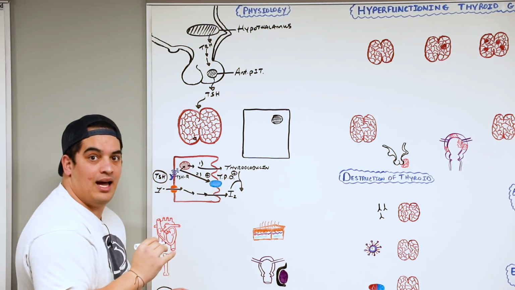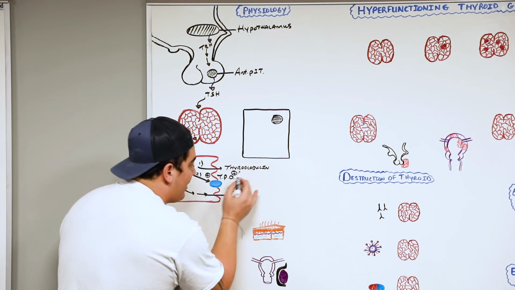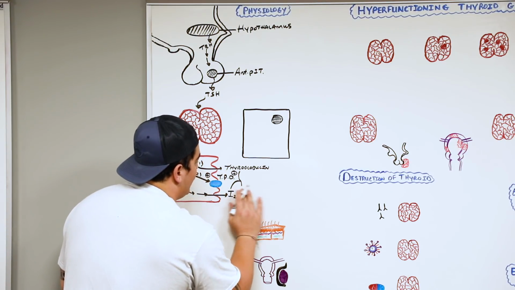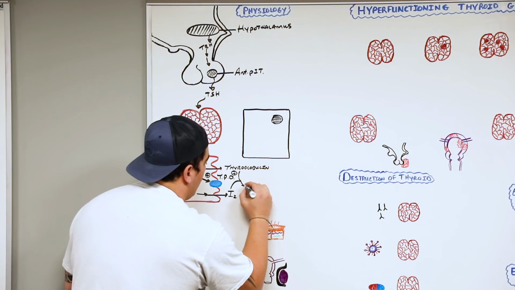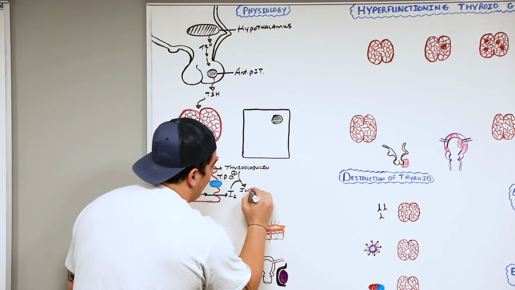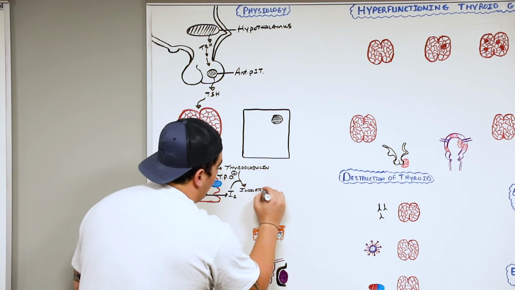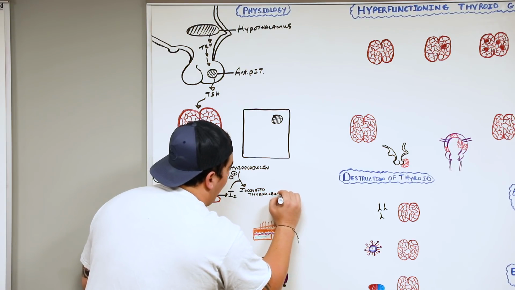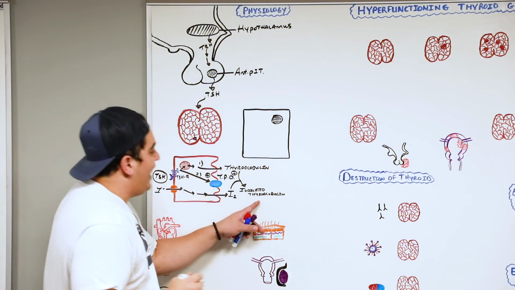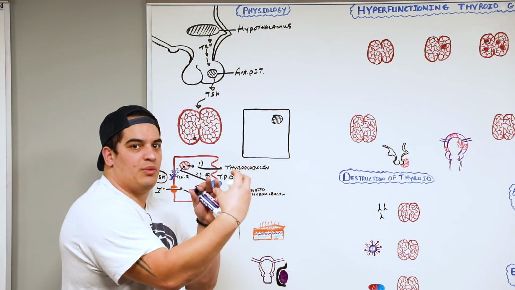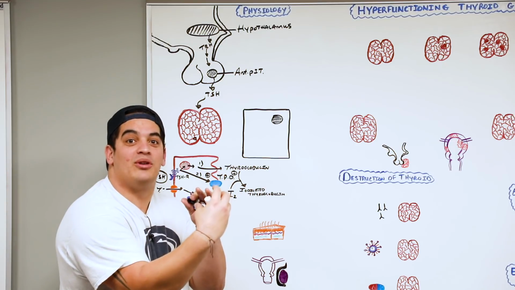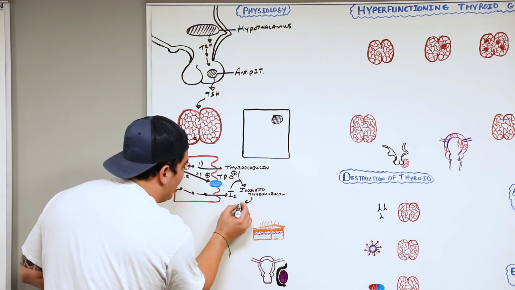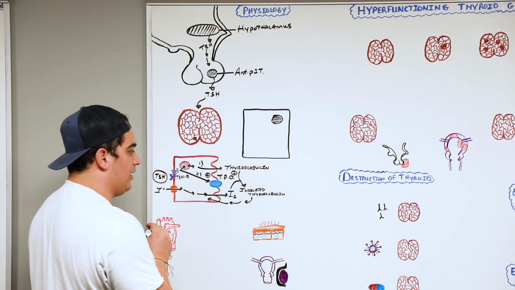What you make is iodinated thyroglobulin. Interestingly, iodinated thyroglobulin is a big protein structure with a bunch of iodines on it, and thyroid hormone is incorporated into it. The iodinated thyroglobulin is then taken back up into these follicular cells.